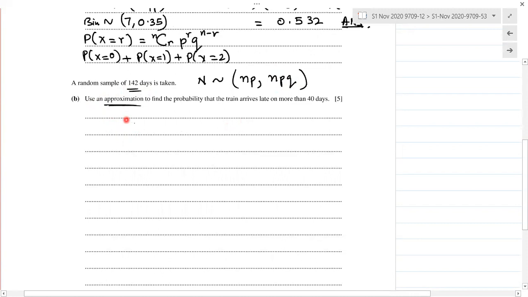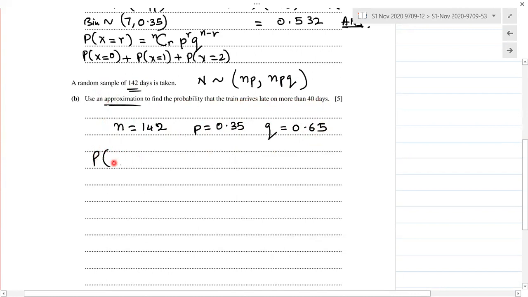So now n is 142, a random sample of 142. We have p as in the question before, 0.35, and q as 1 minus p, which is 0.65. Use an approximation to find the probability that the train arrives late on more than 40 days.